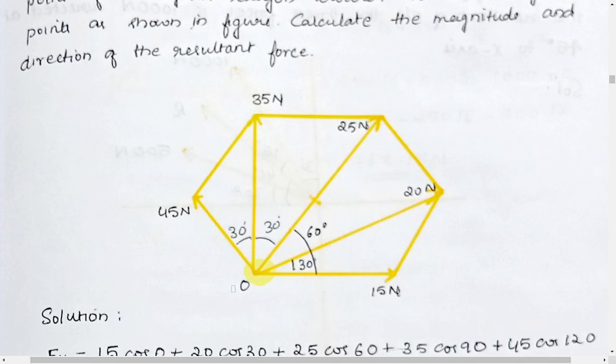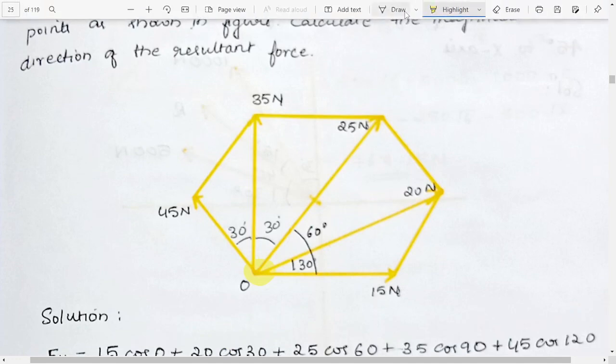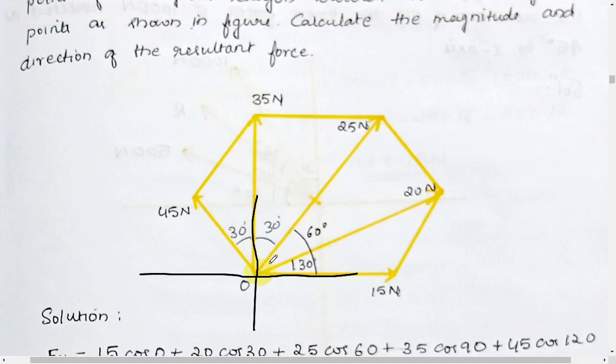So it's just simple that now we have these forces. Actually we can draw this like, here we have the horizontal axis, here we have the vertical axis, then we have forces like 25 Newton this side, then we have 20 Newton this side, then we have 50 Newton this side, then we have 45 Newton this side.